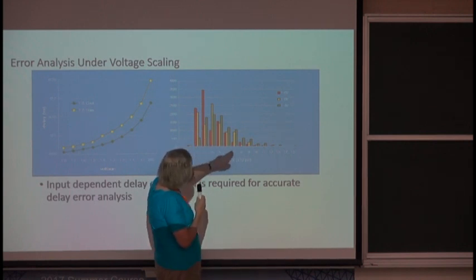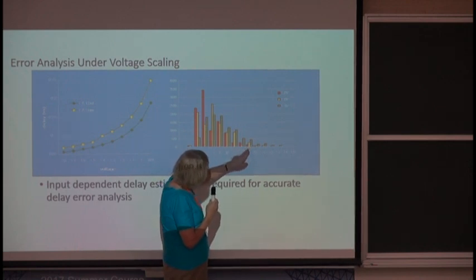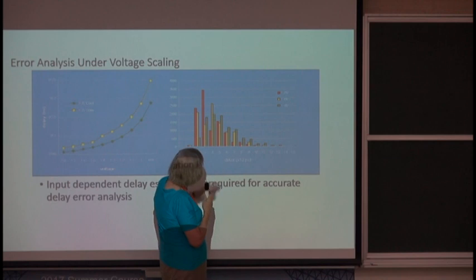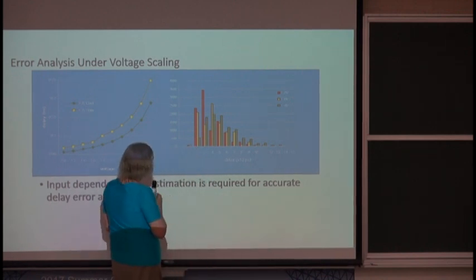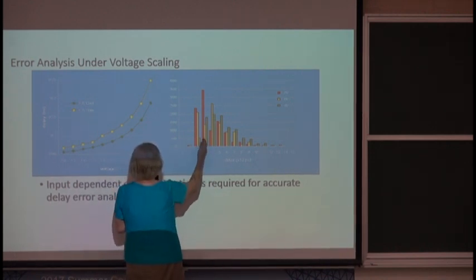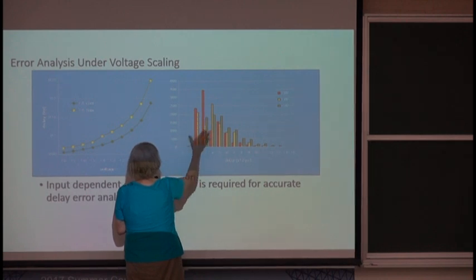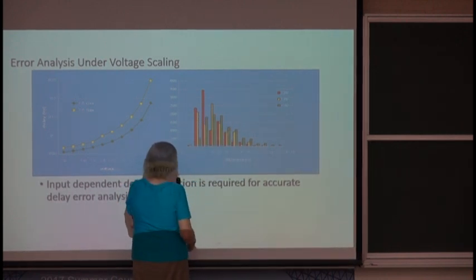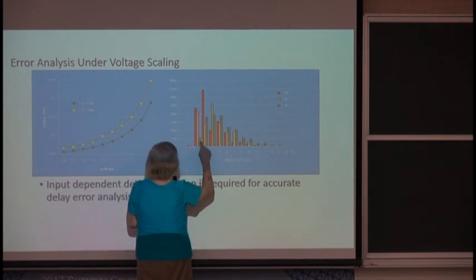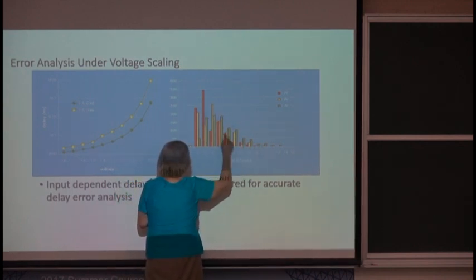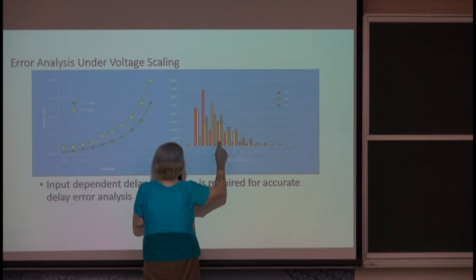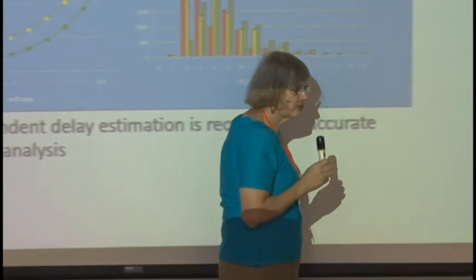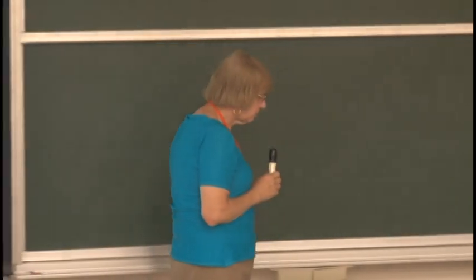So green is 1.4 volts, yellow is 1.6 volts, red is 1.8 volts. At the highest power supply voltage, you have the lowest average delay. Each of these is a bell curve with a different center. The bell curve for 1.6 volts is around here, and the bell curve for 1.4 is around here.